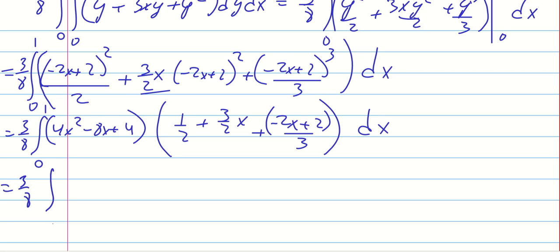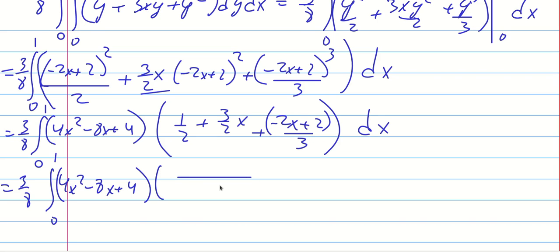So 3/8 integral from 0 to 1. So we have this term squared up front, which is 4x squared minus 8x plus 4. Then for this one, we would like to add those things up together.